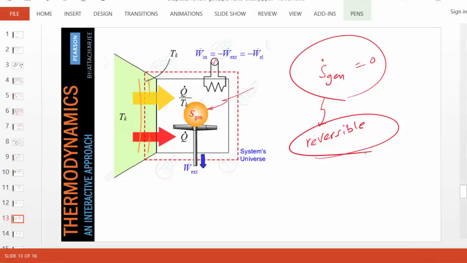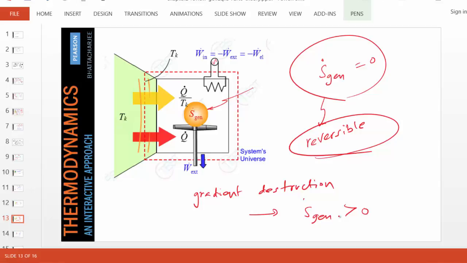Because in most natural phenomena, a gradient gets destroyed. Anytime a gradient destruction takes place, this implies S dot gen is greater than 0. If you see a temperature difference getting destroyed, there's heat transfer, there's gradient destruction, S dot gen.